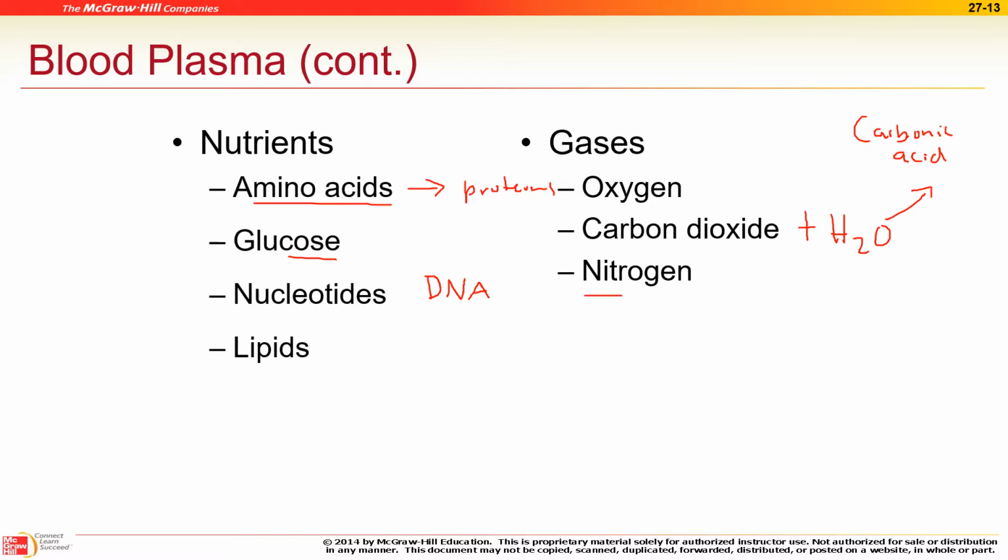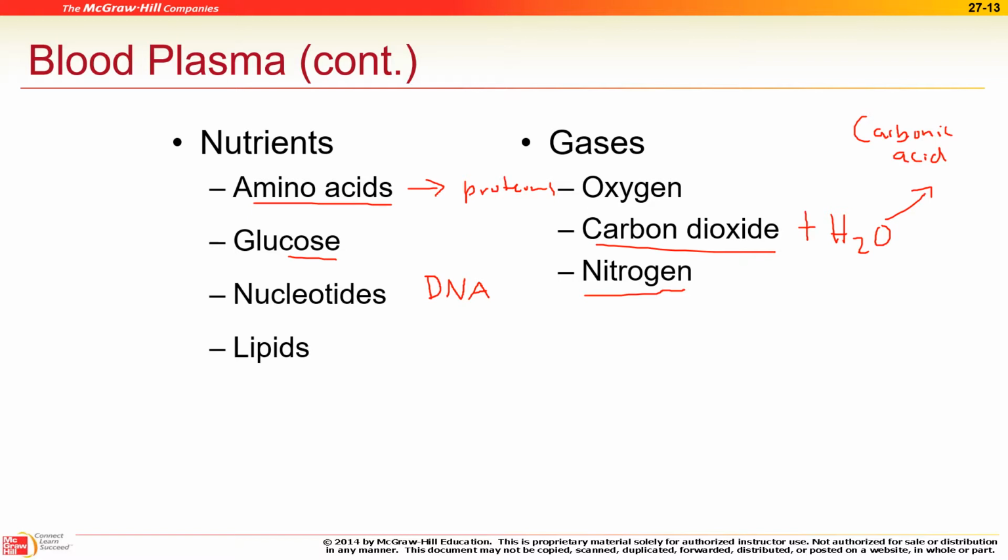No, that's nitrogen. That's the bends. Carbonic acid, water, and carbon dioxide. So soda is carbon dioxide dissolved in water, right? So all the oxygen is carried by hemoglobin, but most of the carbon dioxide is dissolved in the water.